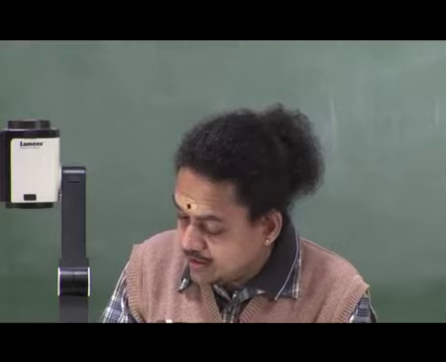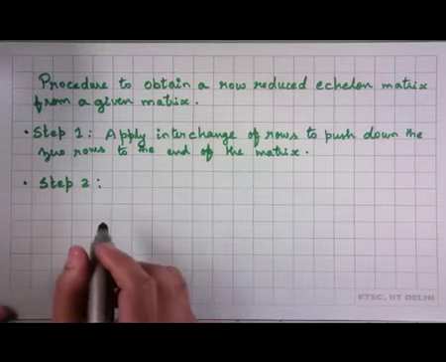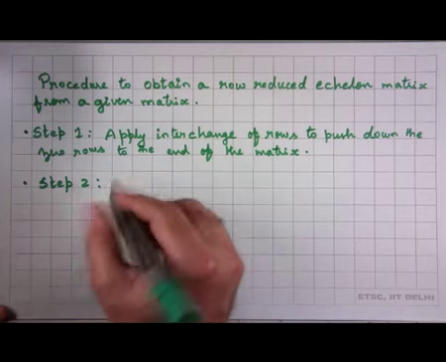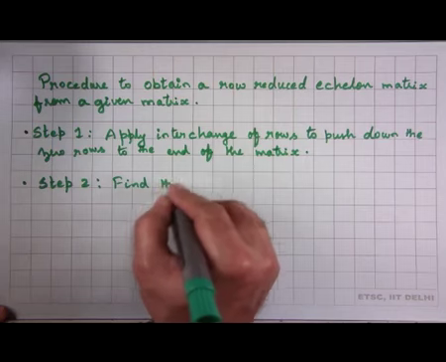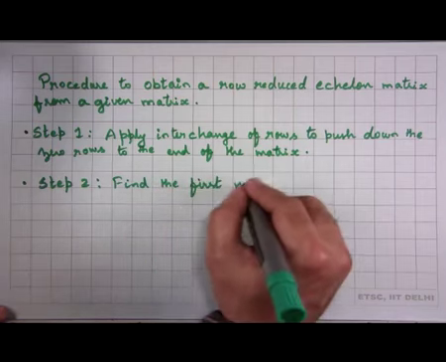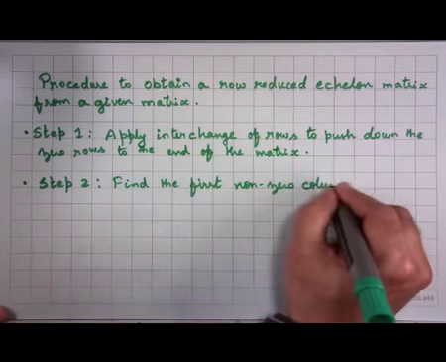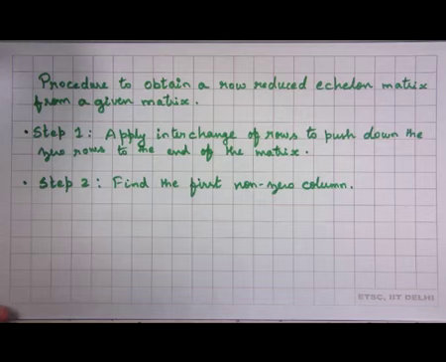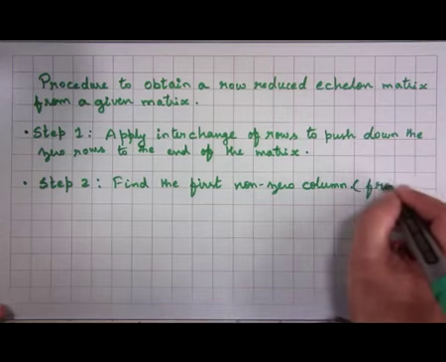Now, the second one, step 2, find the first non-zero column. You will have to find the first non-zero column. In fact, I should write it as from left.